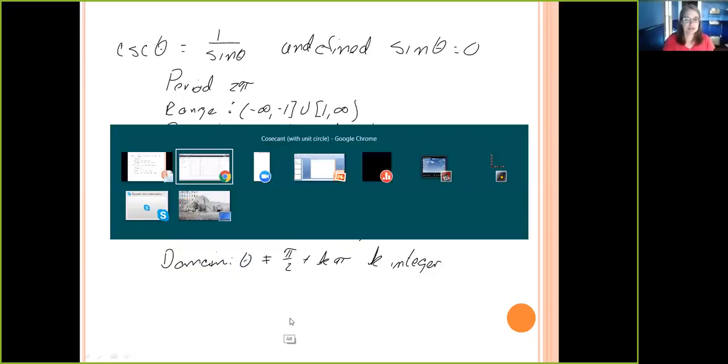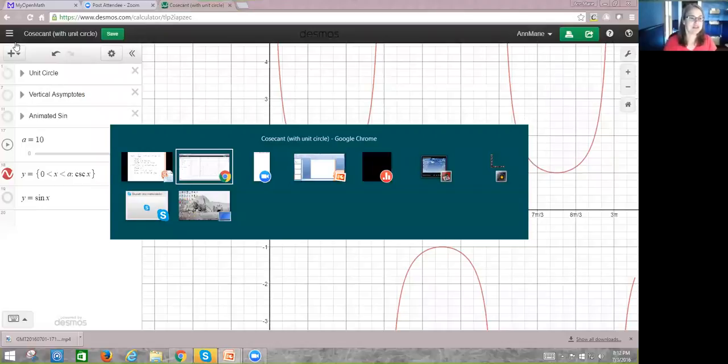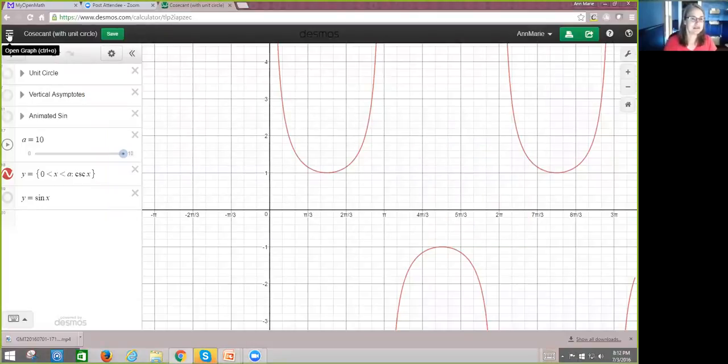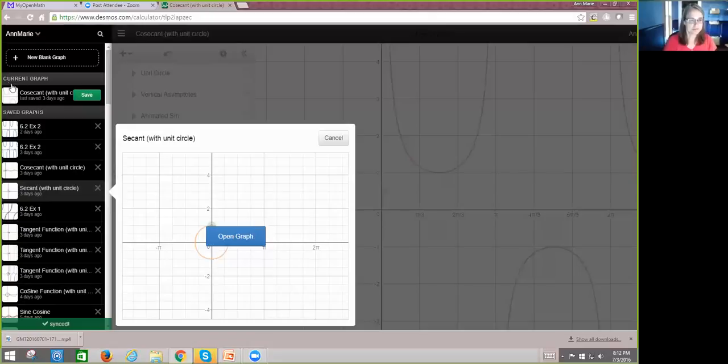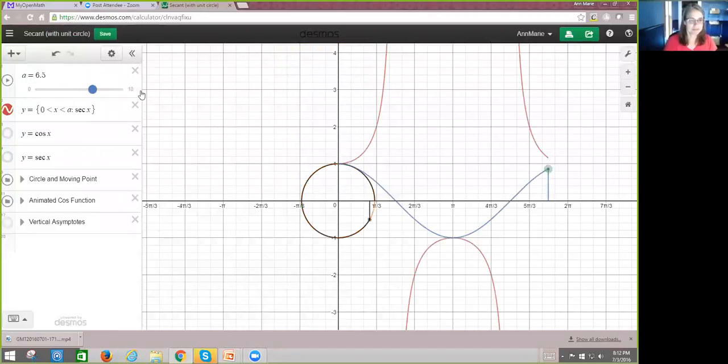So let's take a quick look at the graph of secant, before we try that example. And this is kind of the same thing, I just zip through it. So, unit circle, I could let the point go around, but you guys got the point by now. We've got a cosine function in blue, and then we've got a secant function.